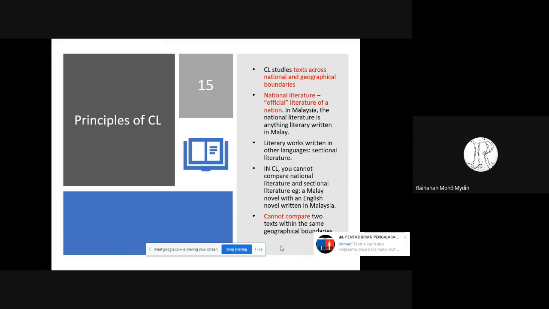And because of that, if Ruby or Aimi or Shah or Fuzla or Liza, for instance, wanted to compare two texts, one in Malay and another one in Mandarin, written by Malaysians, that's not considered comparative literature. That's just considered comparative analysis.